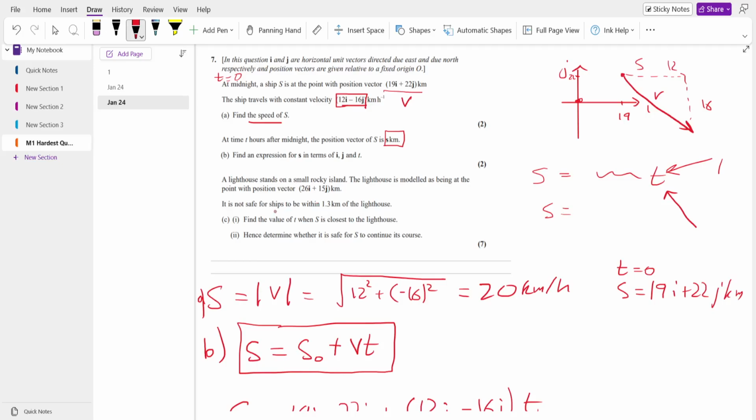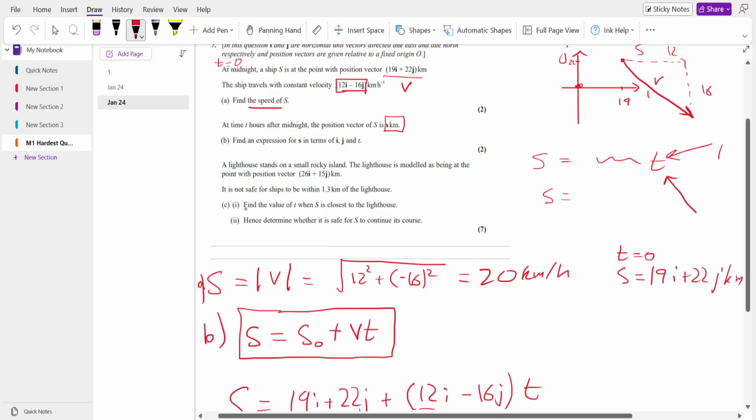It is not safe for ships to be within 1.3 kilometers of the lighthouse. Okay, so the distance, not displacement, the distance from the lighthouse to the ship should be more than 1.3 kilometers to be considered a safe distance. Part c(i) says find the value of t when s is closest to the lighthouse.